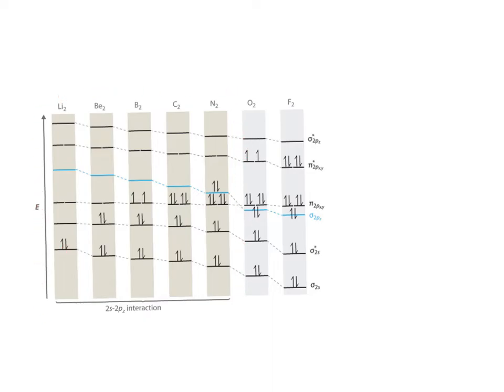We go from sigma made from the 2s is the lowest, and then next is the sigma star made from the 2s. Then we have our 2 pi orbitals, then our sigma from the 2pz, our 2 pi antibonding, and the sigma star from the 2pz. So this is exactly as predicted by looking at the number of nodes.